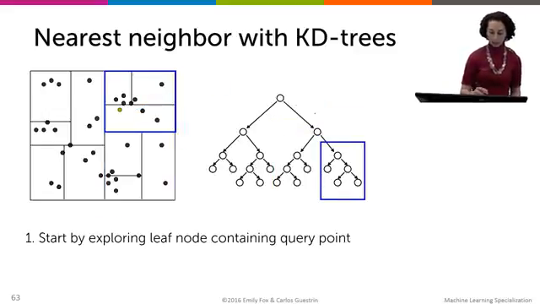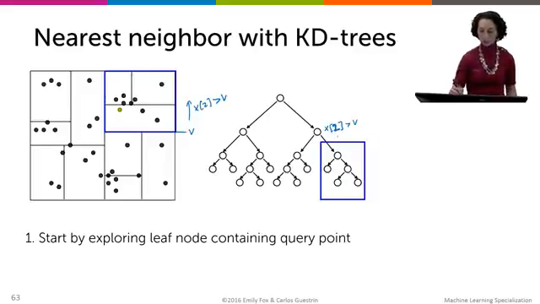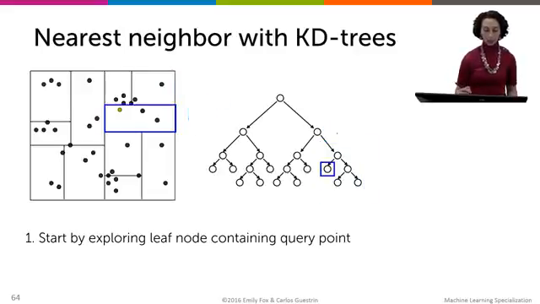Then we check the next condition, whether x2 was greater than some value, let's call this point here v. And here we see that yes, x2 is greater than v. So again, we have a yes, and we traverse down this way, and we keep doing that, and all of a sudden we get to a leaf node.